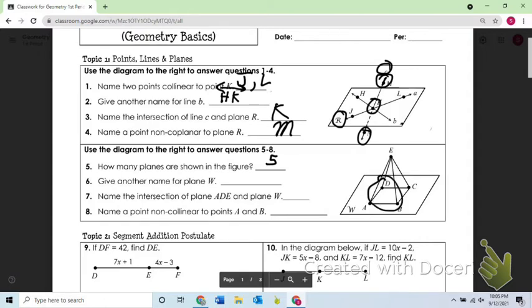So we can pick ADB, we can pick DCB, we can pick ABC right there, we can pick ACD right there, and I think that's it. There are 8 total that you can choose.